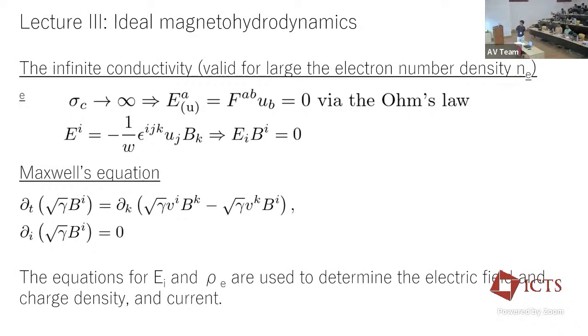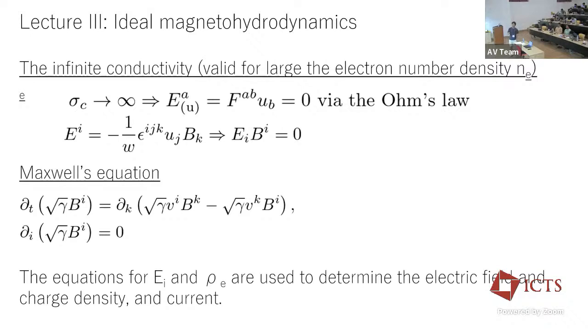If you plug the F_AB expression into this, you get these relations. From these equations, you can immediately arrive at the conclusion that in the ideal MHD case, the electric field should be perpendicular to the magnetic field. Sorry.